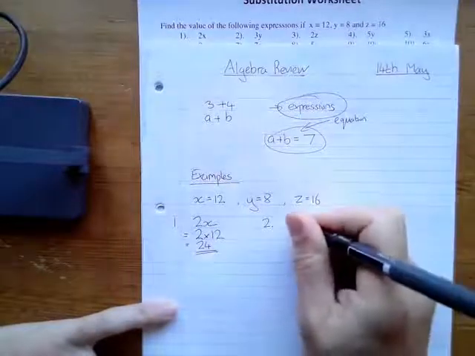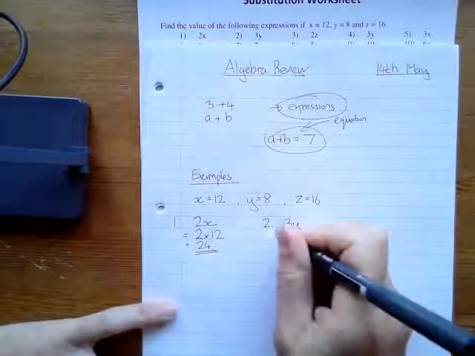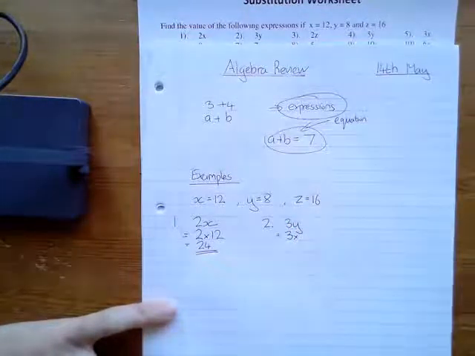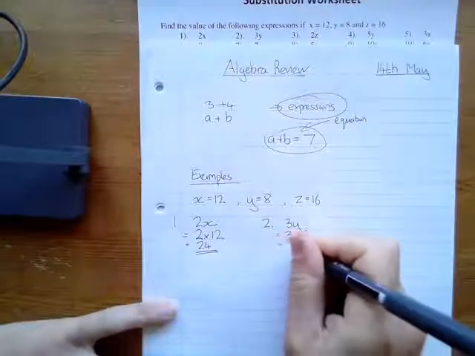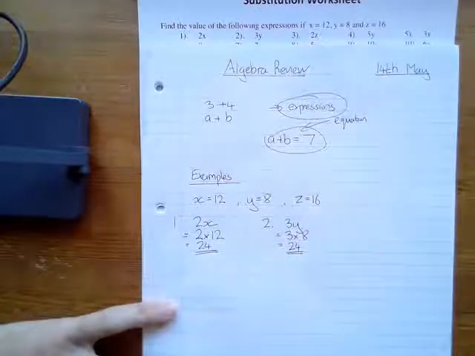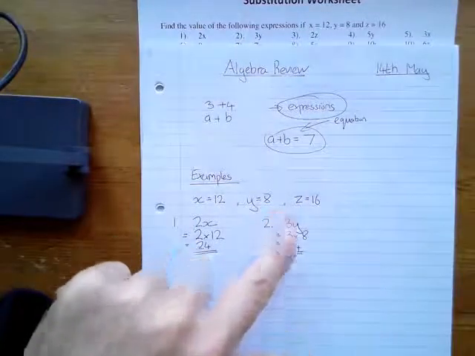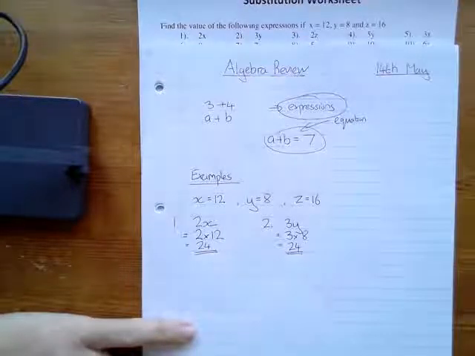Let me do question 2 for you. 3y. So in maths that means 3 times whatever y is equal to, which in this question is 8. 3 times 8 is also 24. So the value of 2x in the first one is 24. The value of 3y in the second one is also 24.